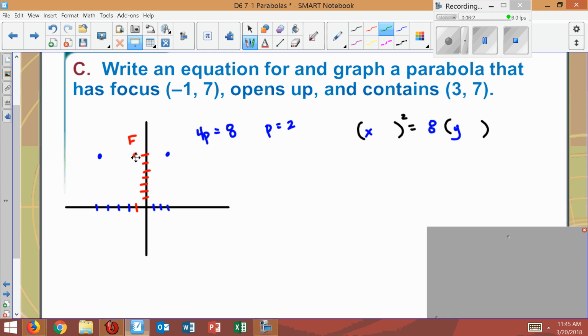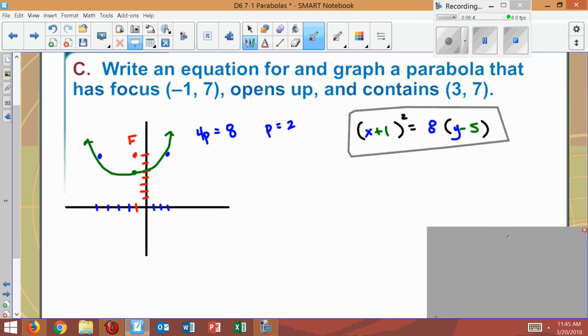That means that focus is 2 units up from the vertex. So the vertex should be located there. And it would have this shape to it, like that. And so my vertex is left 1, and it's up 5 units. And that would be my equation.